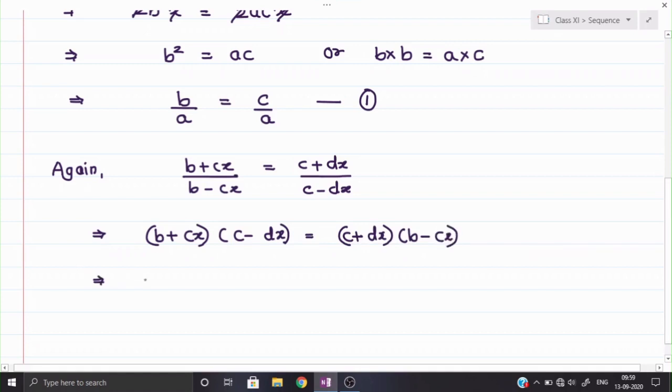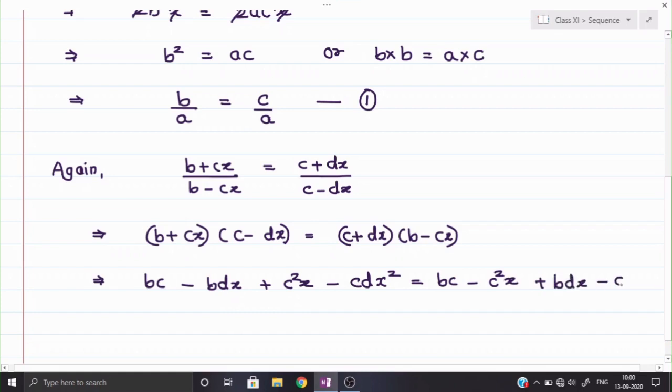So b into c, that is bc, minus bdx plus c square x and minus cdx square is equal to again bc minus c square x, okay, plus bdx, and the last one will be minus cdx square.